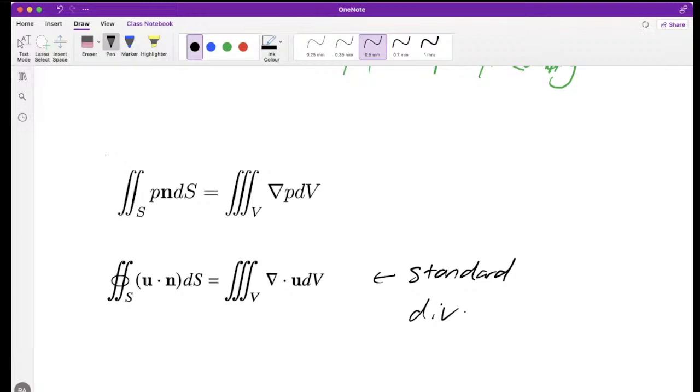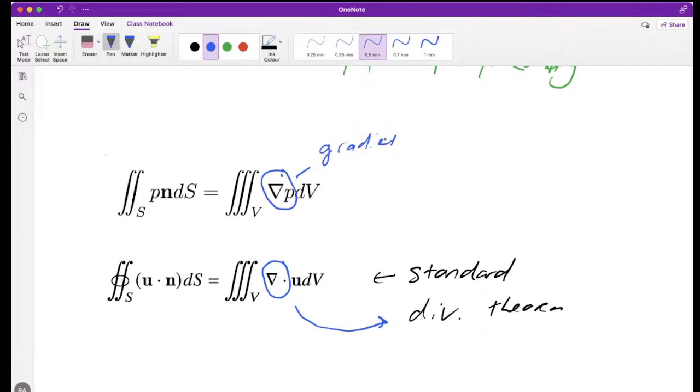divergence theorem, and you can see that this operator is the divergence. This is why we call this the divergence theorem. As you can see in here, within this triple integral, this is the gradient.